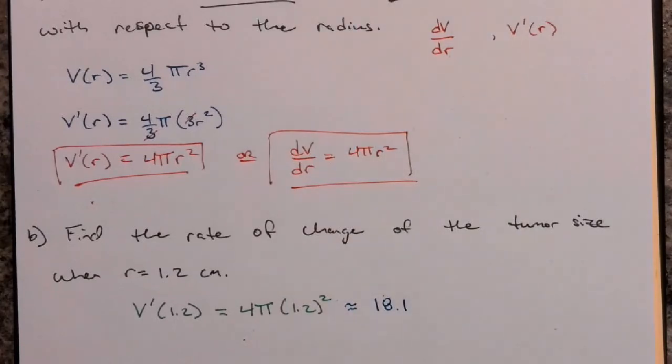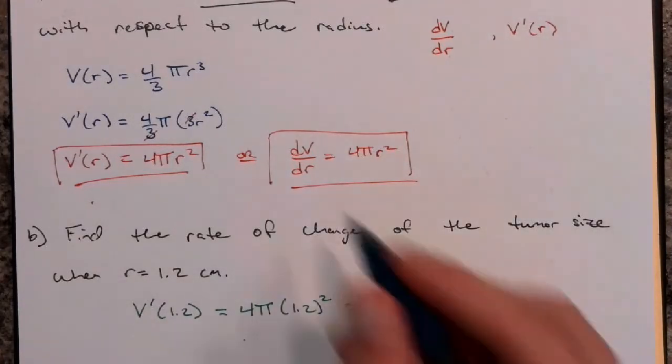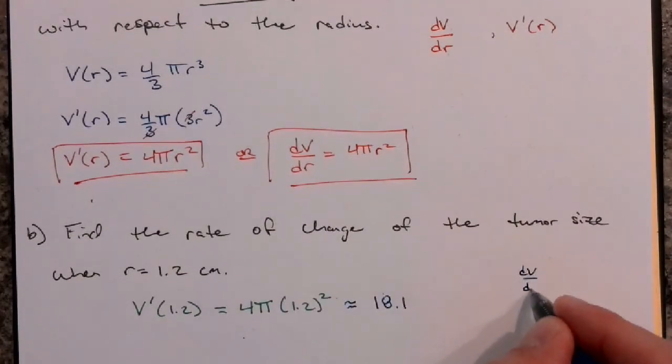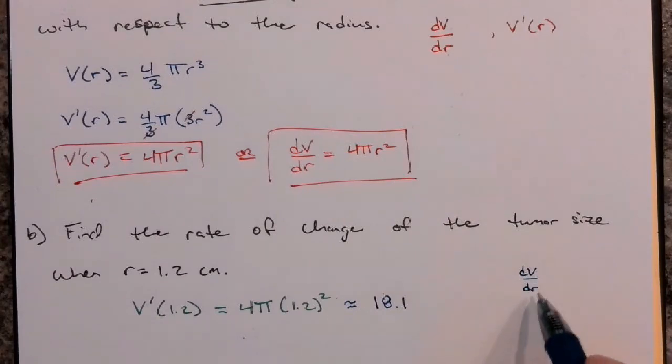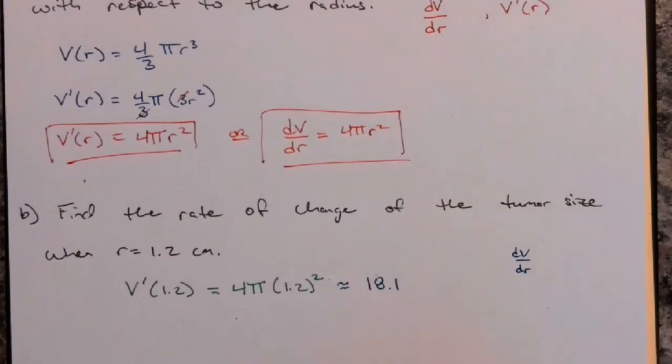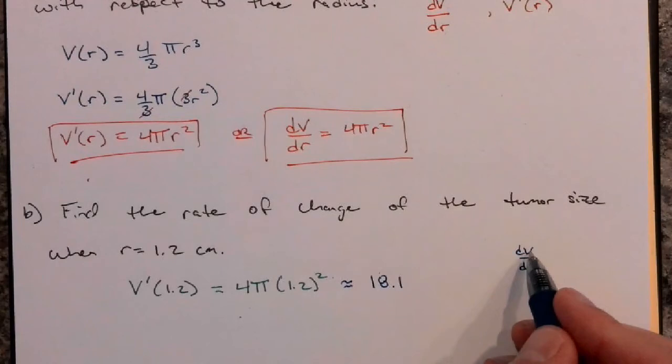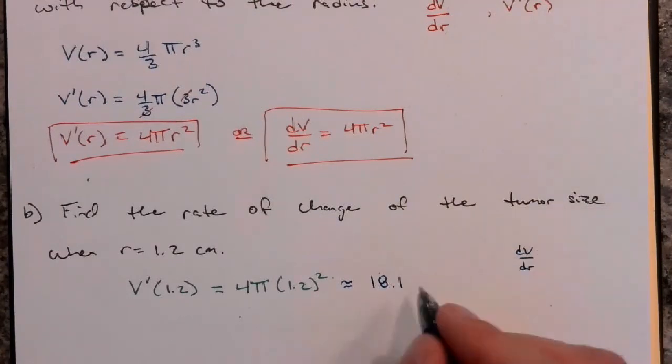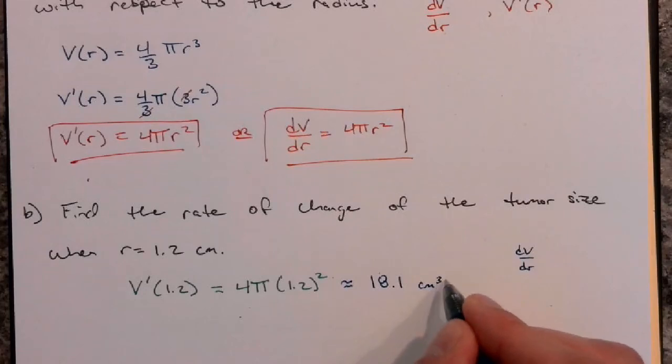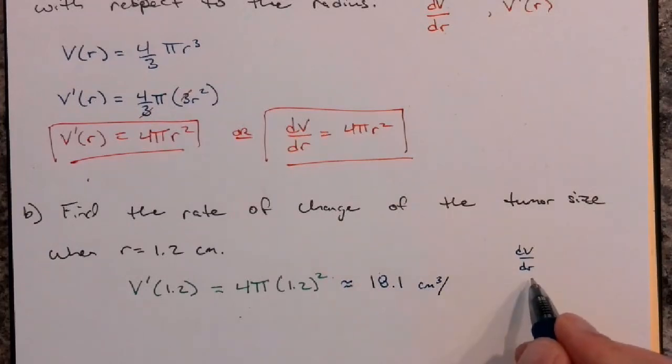Now, what are the units on this? This is something to think about. Well, remember what this was. V prime is the same as saying dv over dr. It's like the change in y over change in x. The change in v over the change in r. Well, what was v measured in? Volume is measured in cubic units. So this would be centimeters cubed per, what are the units of r? Radius is measured in centimeters.